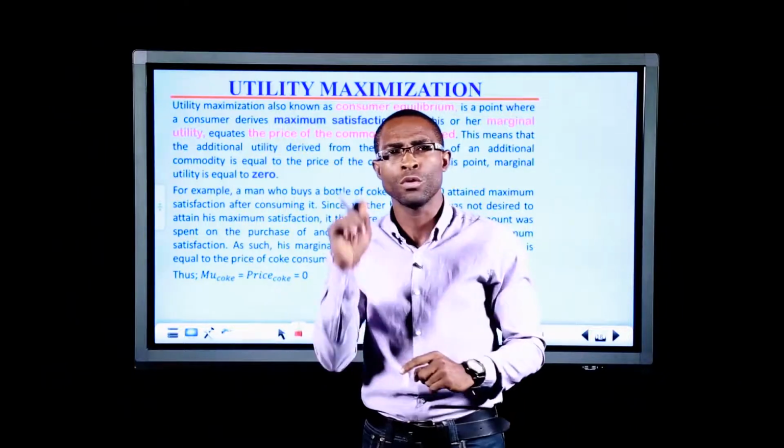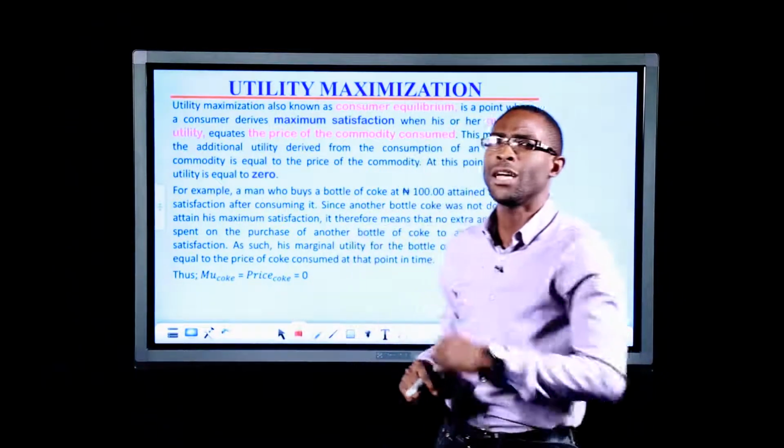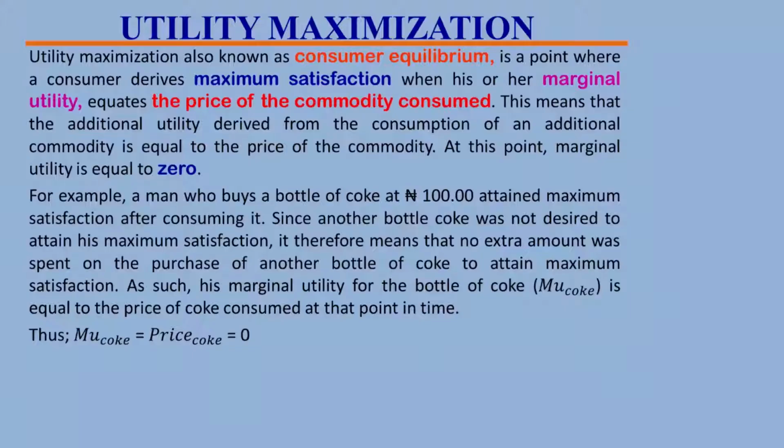And then we could gladly say that his marginal utility is 0. So when the marginal utility, for instance, of this product Coke equates the price of the Coke, at that point marginal utility is equal to 0.